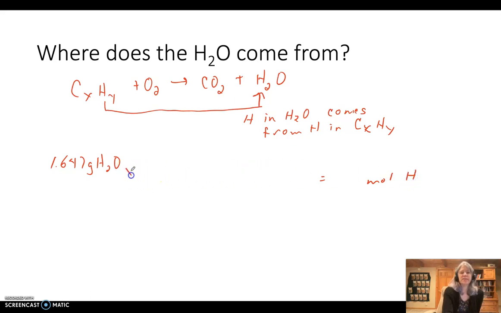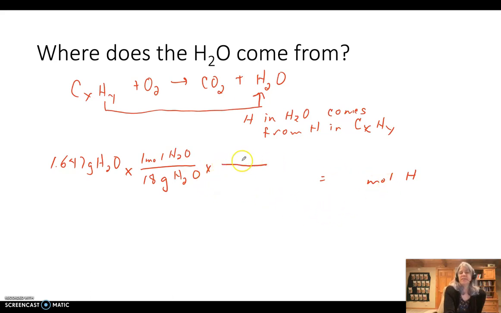So we first convert grams to moles. So 1 mole of water is going to be about 18 grams of water. And again, I'm rounding off a little bit, right?